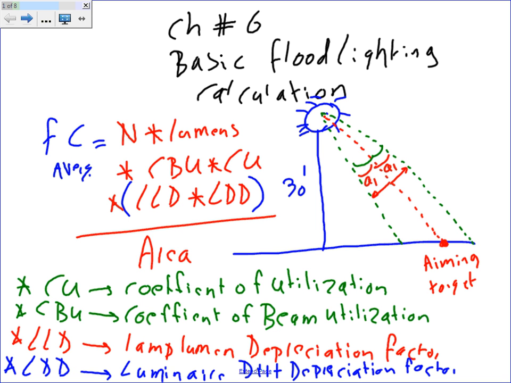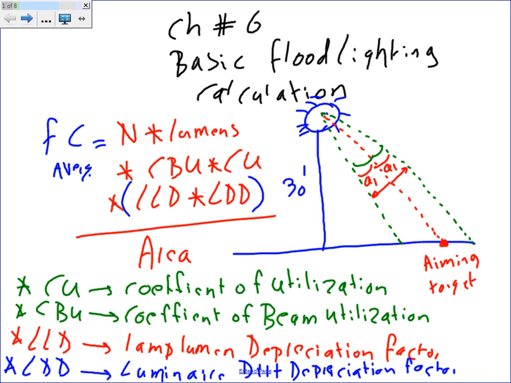The first thing you need to know is that when you do a calculation for a floodlight, you find the number of fixtures, how many fixtures on this floodlight, 1, 2, 3, 4, 5, most of the time 1, multiplied by how many lumens come out of that fixture. That's easy, usually 7,000, 8,000, and so forth, multiplied by the coefficient of utilization.